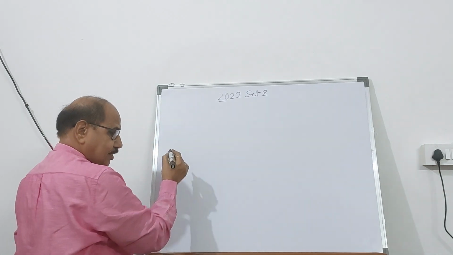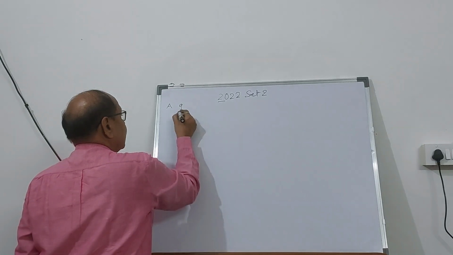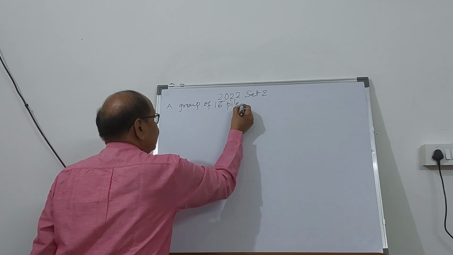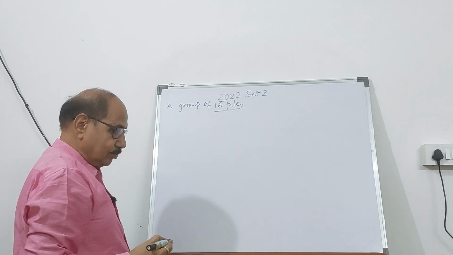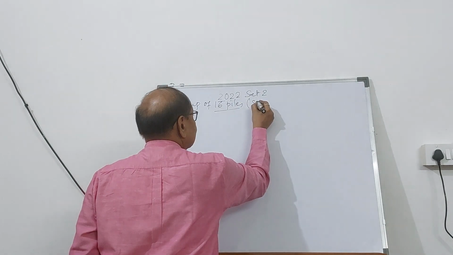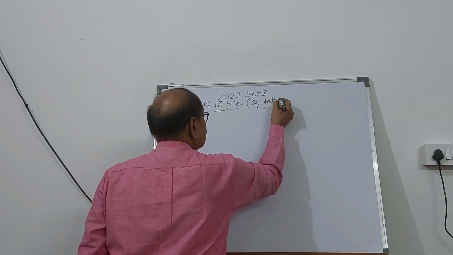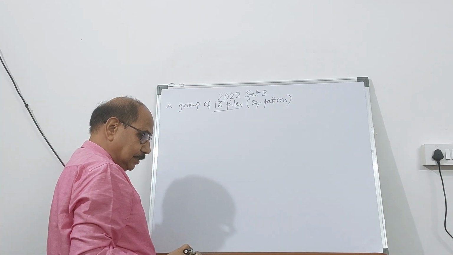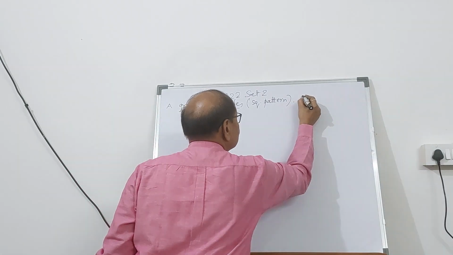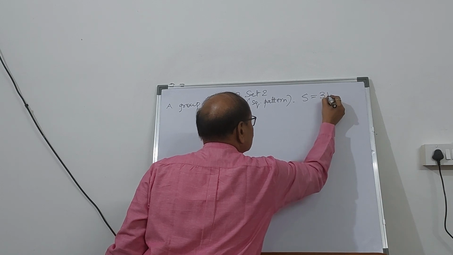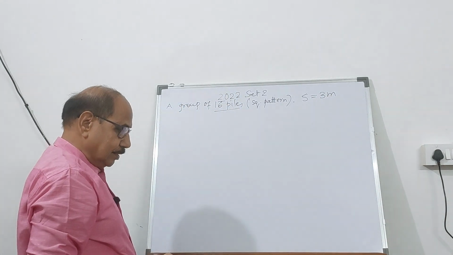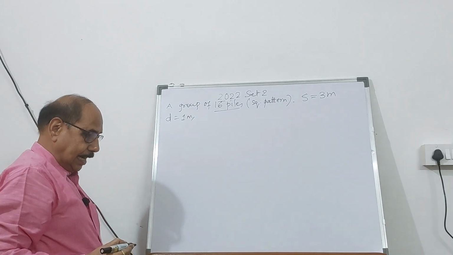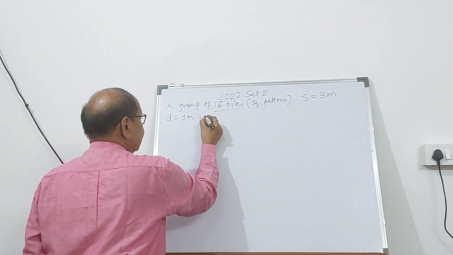Now there is a group of 16 piles. So total piles are going to be 16 arranged in a square pattern. The center to center spacing, that is s equal to 3 meter, is given, and diameter d equal to 1 meter and length L equal to 20 meter.